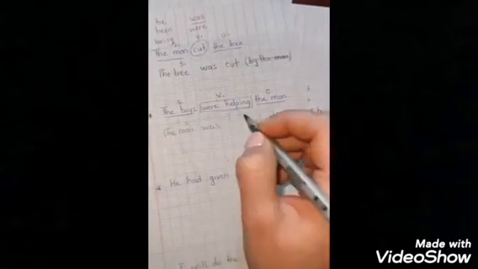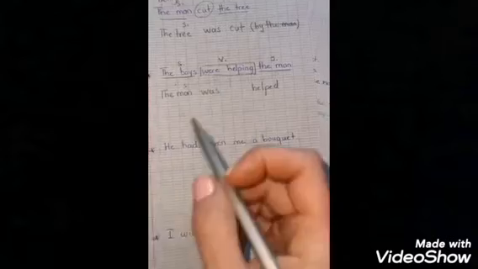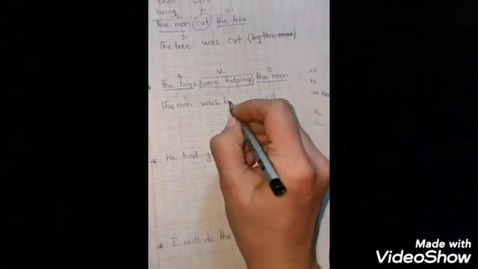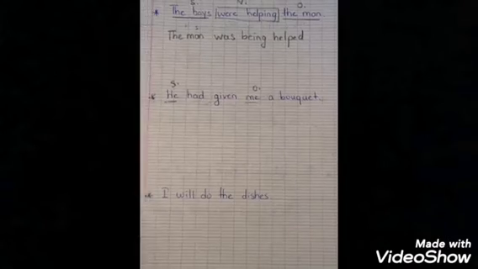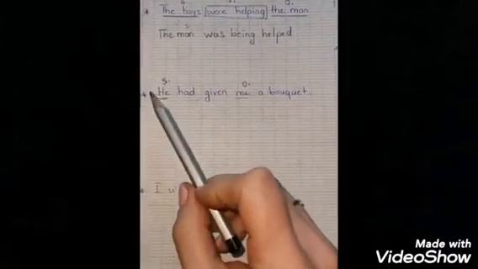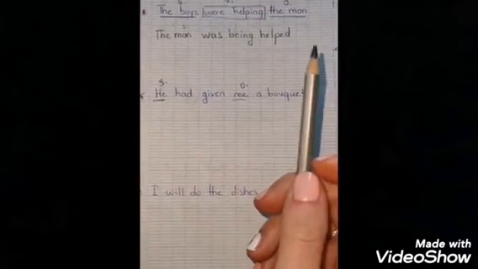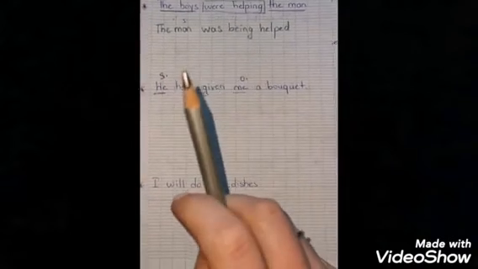So the passive form of this sentence is the man was being helped by the boys, or was being helped without revealing who the doer was.